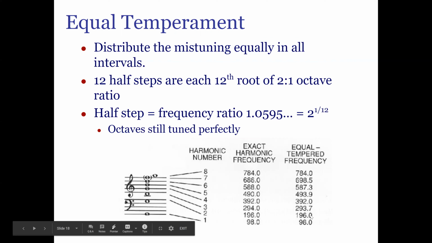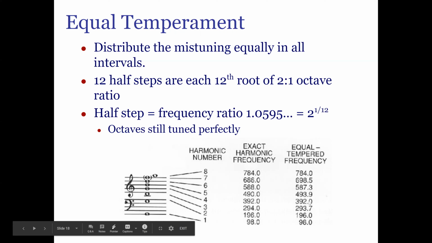Here, going from 196 to 294, this fifth is just slightly mistuned. We're off by like 0.3 hertz. So this would give us a really subtle difference. There'd be a little bit more beating here than this exact perfect fifth, but it's not off by that much. This is just off of a perfect fourth.